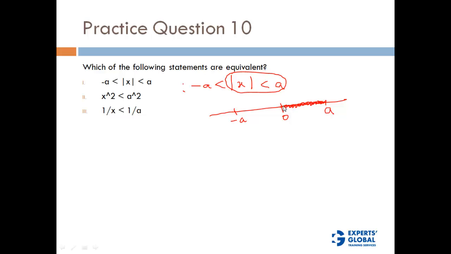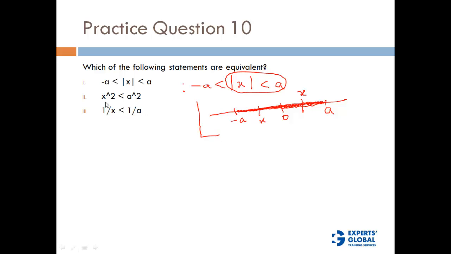So x could be in this area, or x could also be in the negative region, not including a and minus a. We are talking about this particular region where x can reside, right? So let's say x can come here, and we'll also compare another situation where x can come here.